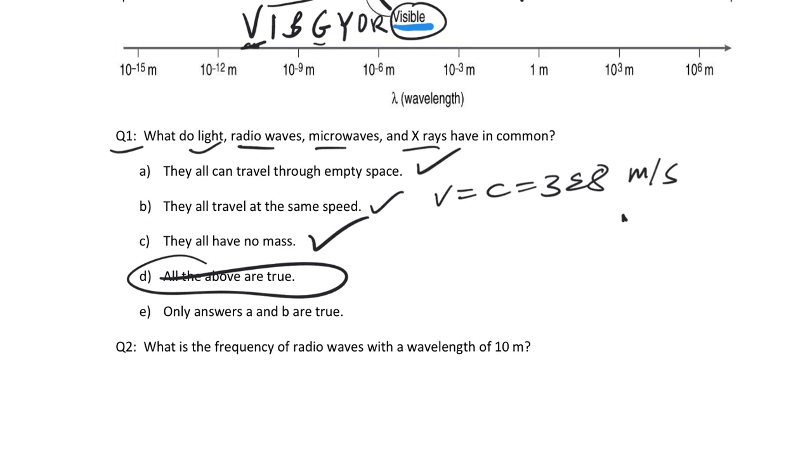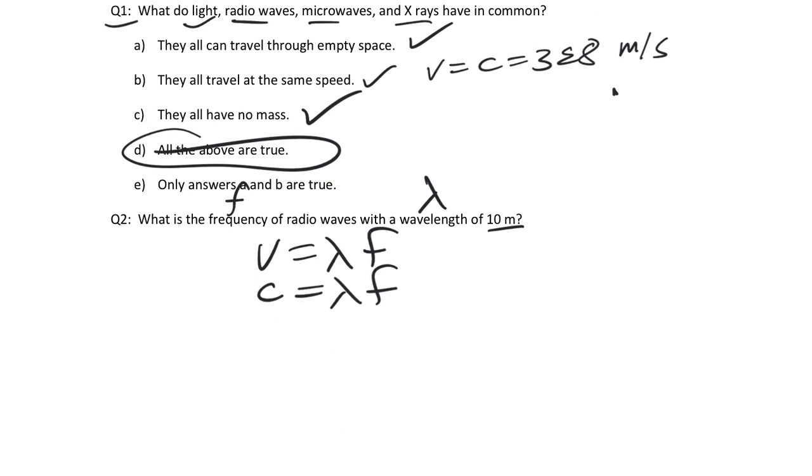What is the frequency of radio waves with a wavelength of 10 meters? Okay, wavelength, remember, is lambda. So I use the wave equation, v equals wavelength times frequency, but I know that v is really c when I'm talking about electromagnetic waves.